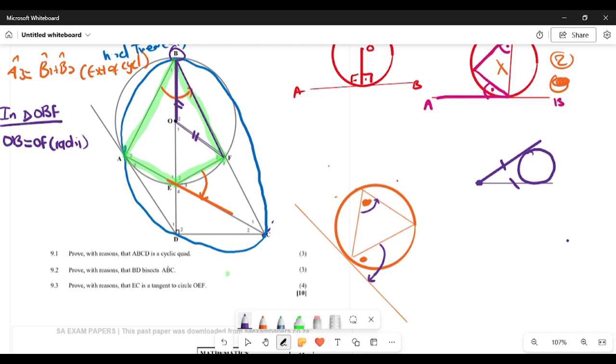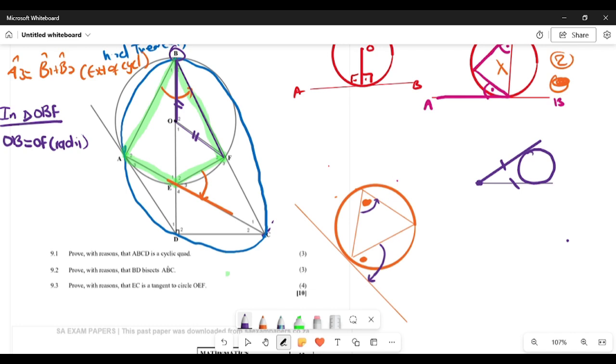Now, let's look at O1. O1 is an exterior angle of a triangle. So O1 is going to be equal to B2 plus F1, these two angles. Why? Because O1 is an exterior angle of a triangle. Now, remember, B2 is equal to F1.